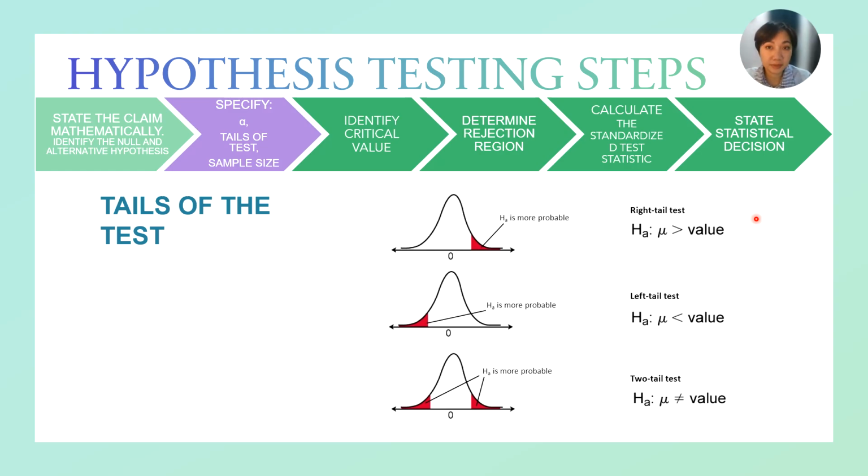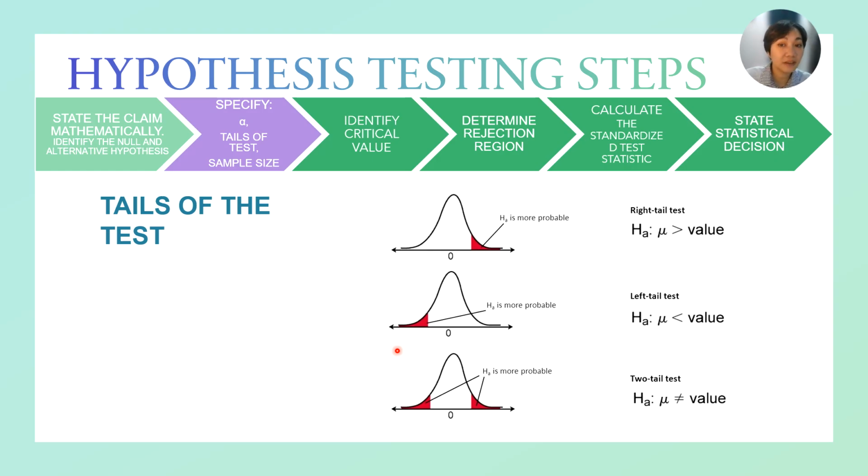Identifying this is really simple, right? You just have to carefully read the problem. If your alternative hypothesis says greater than, then the probability of rejection is on the right side. We call that the right-tailed test. If your alternative hypothesis says less than, the probability of the rejection is on the left side.